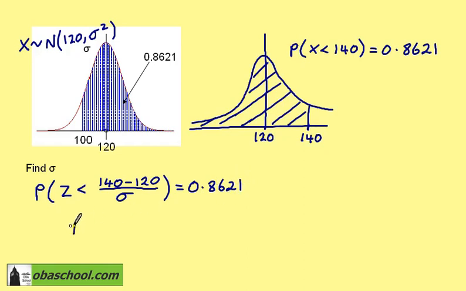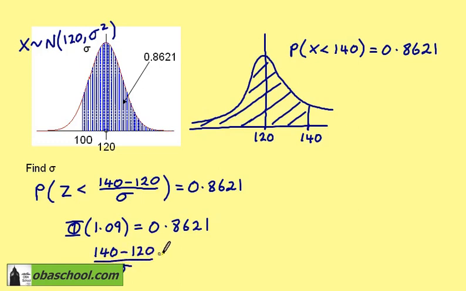If we look at our tables, we'll find that phi of 1.09 is equal to 0.8621. This means that 140 take away 120 over sigma must be equal to 1.09.